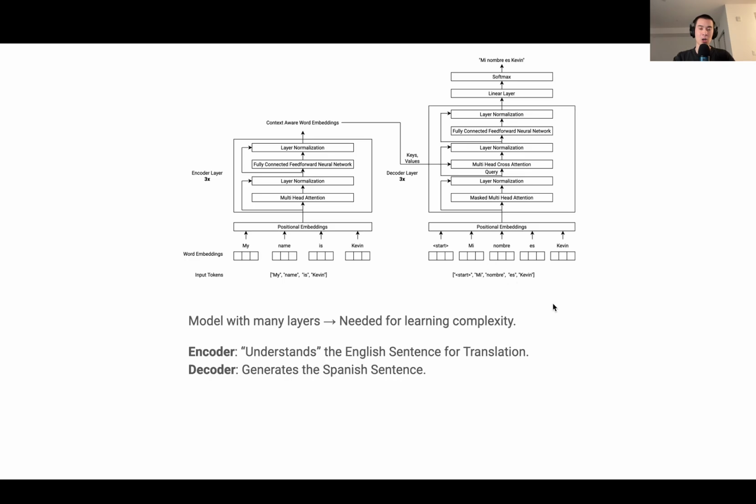And a way you can think of this diagram of both the encoder plus decoder, or the entire transformer as a whole, is that the encoder understands the English sentence for translation, which is my name is Kevin, and the decoder generates the Spanish sentence. Or let's simplify things even further. The encoder is used for understanding language, and the decoder is used for generating language.